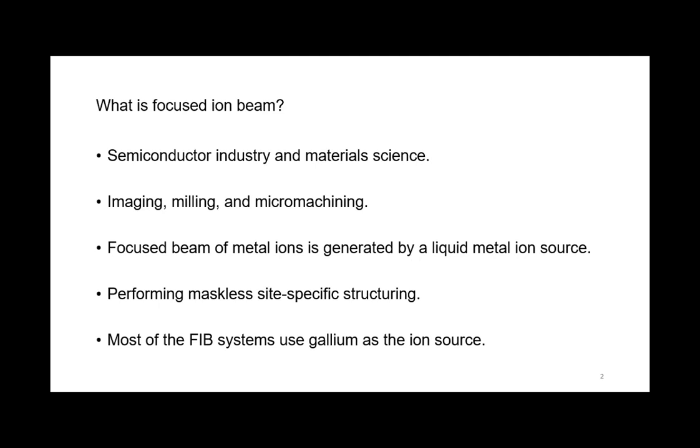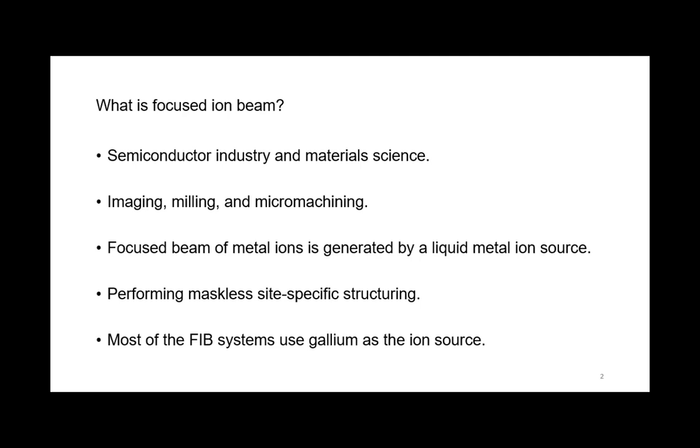When it's melted, it's exposed to a high voltage, up to 10^8 volts per centimeter. This is a huge voltage applied to the liquid metal, and it gets ionized. When it gets ionized, it is focused, and this beam goes and focuses on the substrate and removes the material.